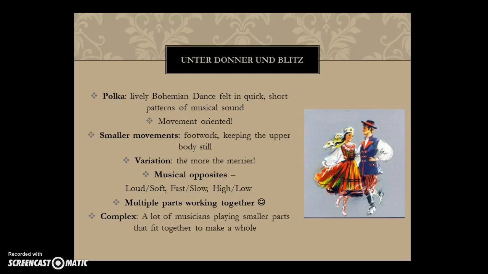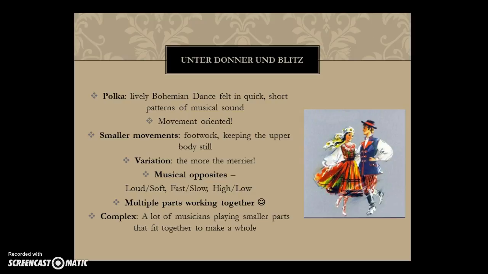So instead of everything being just loud or just soft, or maybe even some slight combination of both, the polka era and the polka composers of that era definitely decided to make things very unique and very obvious, that something was very loud and something was very soft, or something was very fast and slow. Or, as we're working now, we can even see them using things like high and low. Higher instruments that make higher sounds, or lower instruments that make lower sounds.